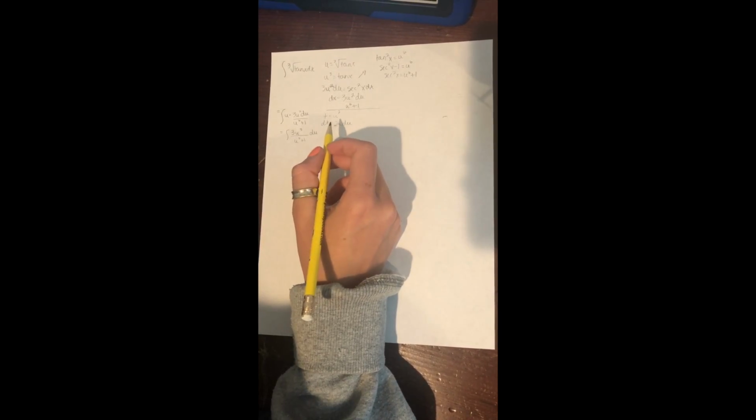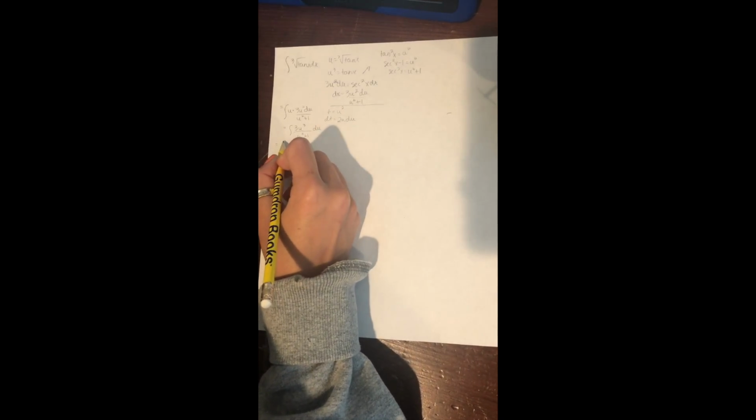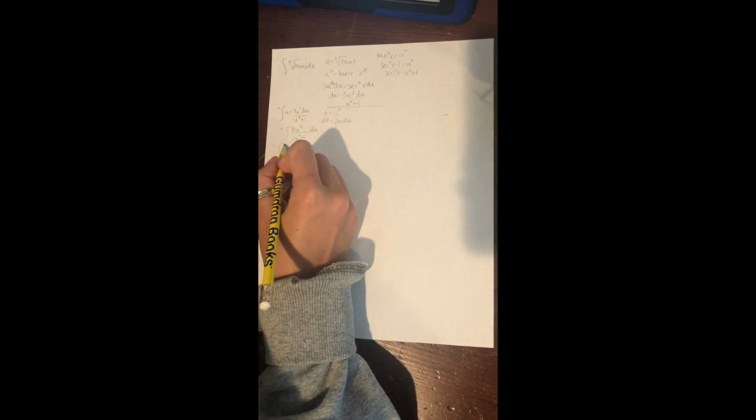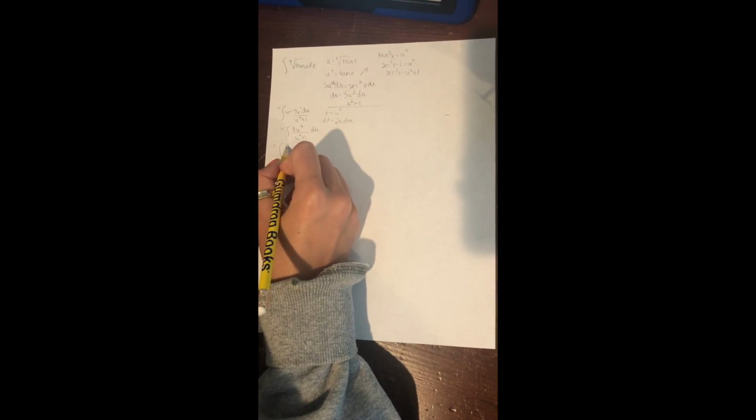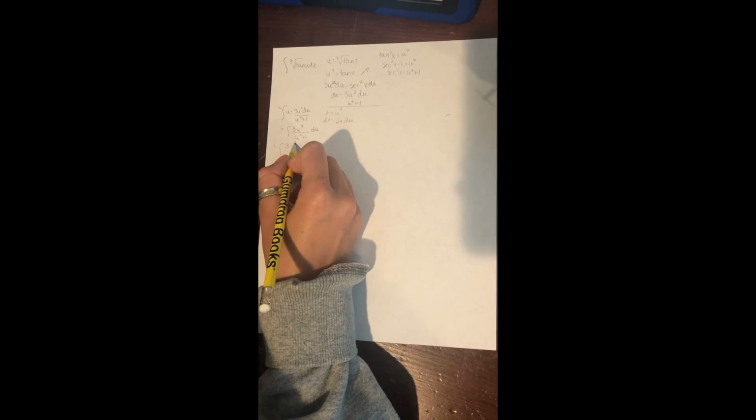And so now we're going to clean up this integral so that the u squared is visible. So it's going to be the integral of 3u squared times u over u squared cubed plus 1 du.